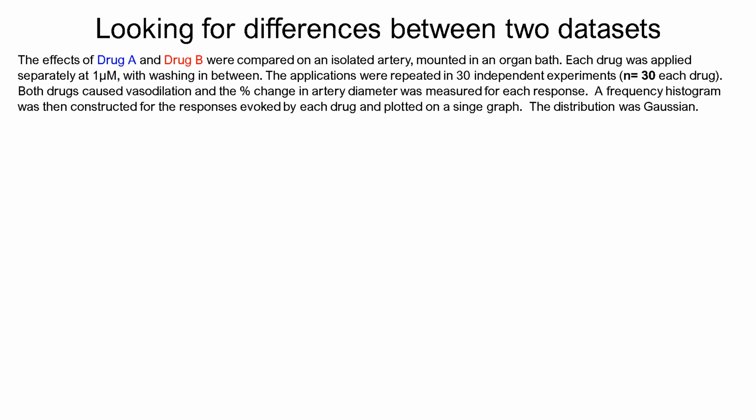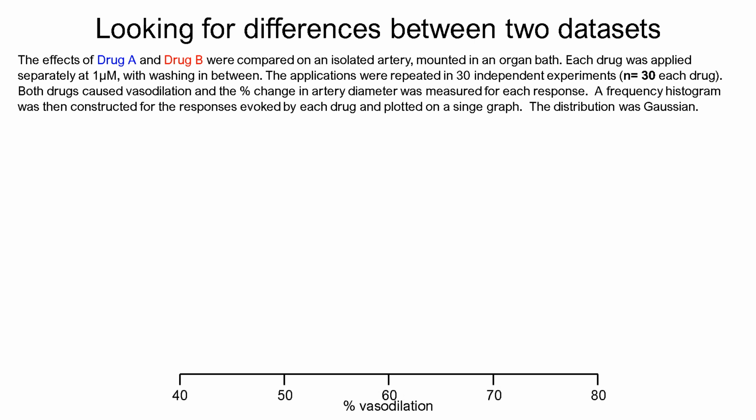A single concentration of drug was applied and repeated for each drug on 30 different artery preparations. A frequency histogram was constructed by plotting the percent vasodilation on the x-axis and the number of times that vasodilation was recorded on the y-axis.